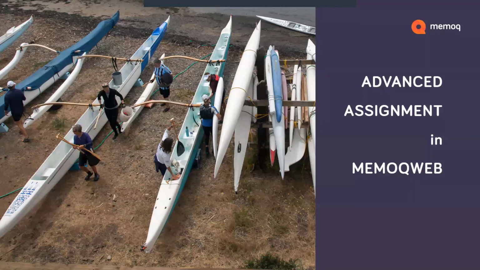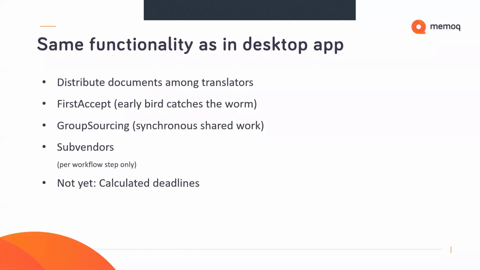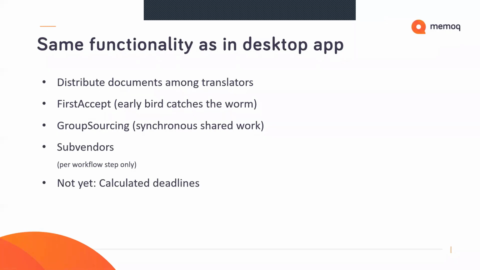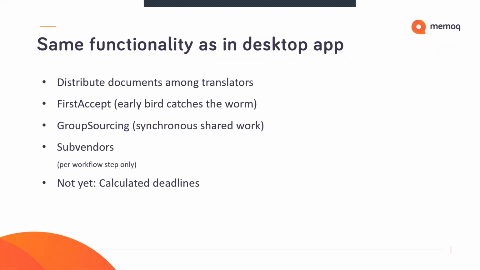So what do I call advanced assignment? The very tricky things. The distribute documents among translators: the case where you have, I don't know, 120 documents and 3 translators, and you want to distribute them between the translators as evenly as possible.